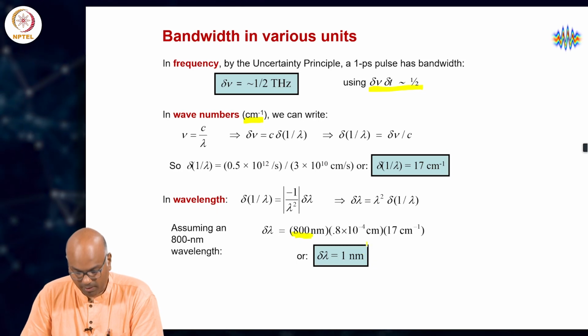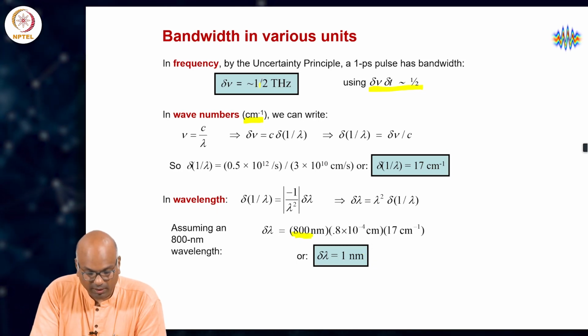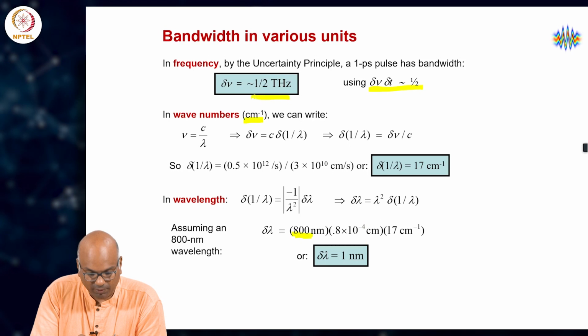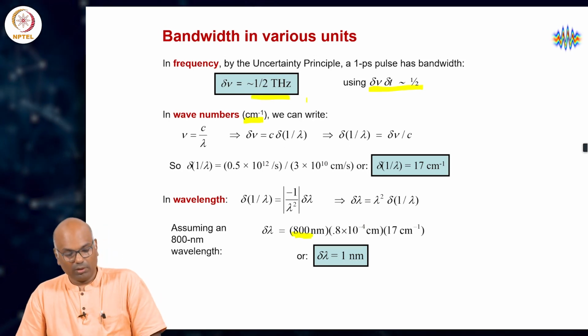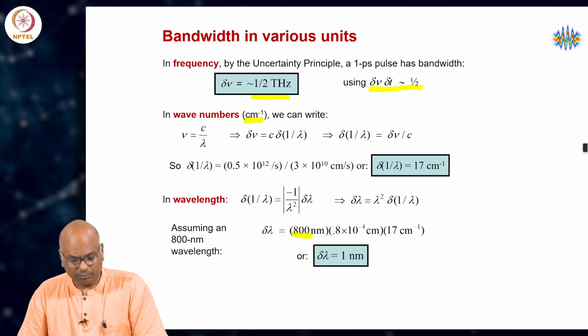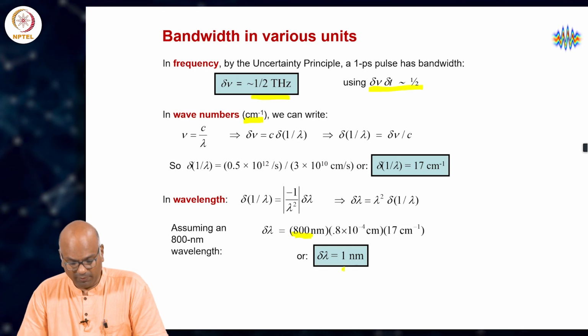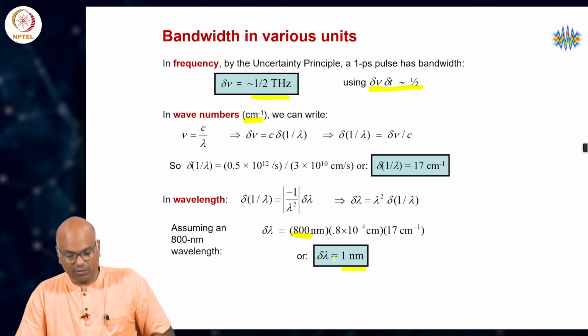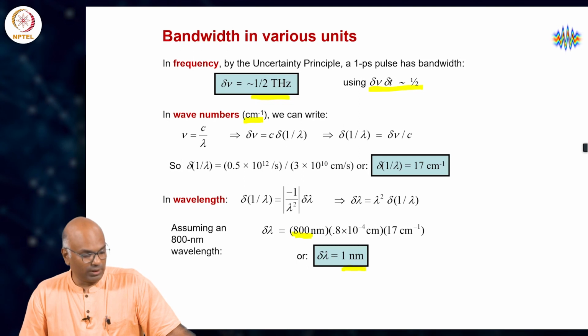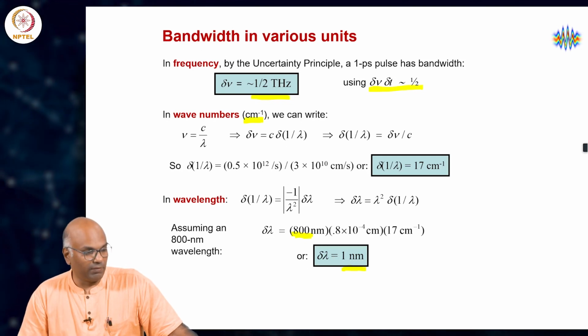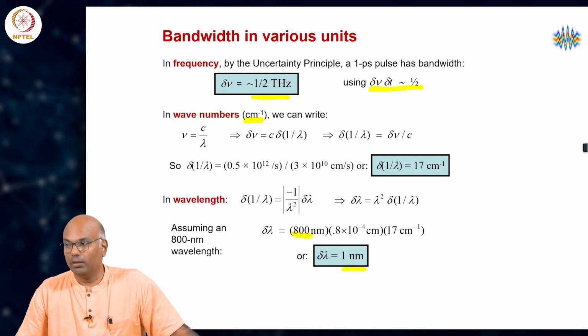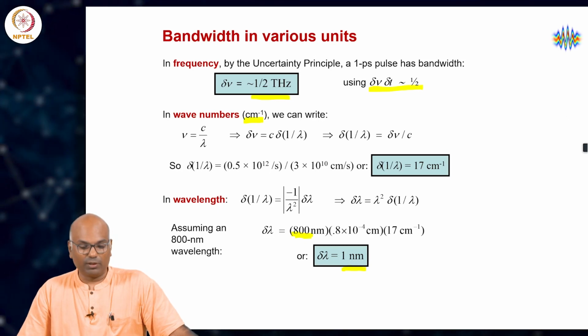Convert the half a terahertz bandwidth of the pulse to a bandwidth in wavelength, which should turn out in this case to be a nanometer. But please do this and convince yourselves. We will revisit this in the next lecture or perhaps the next tutorial.